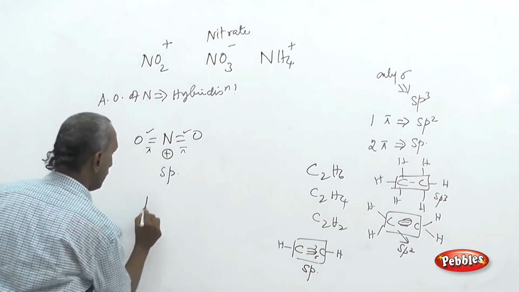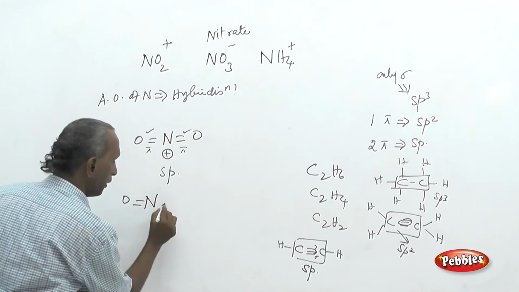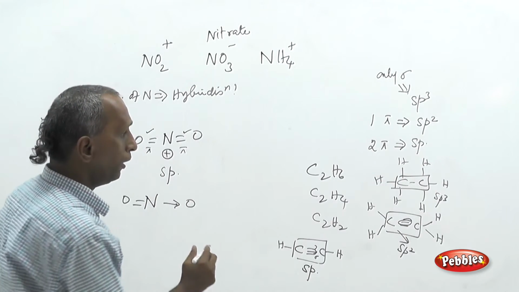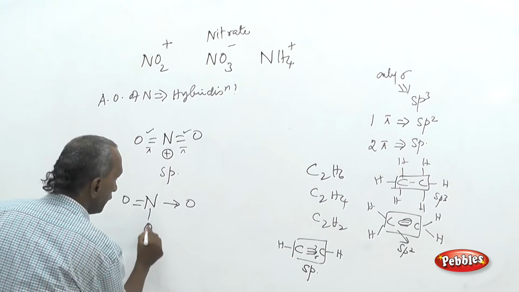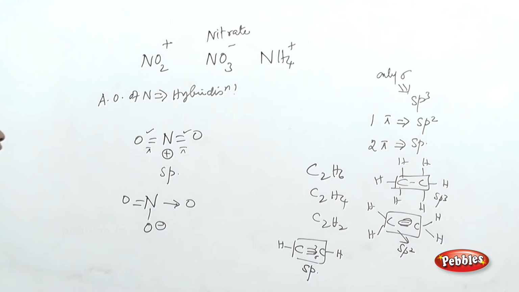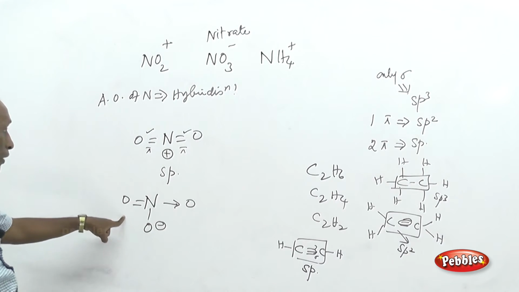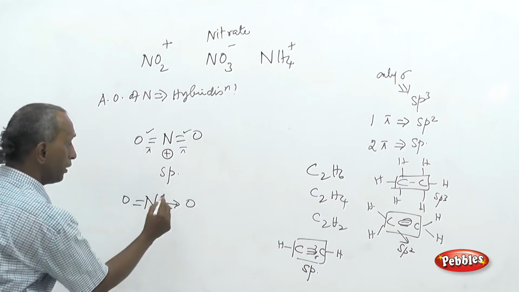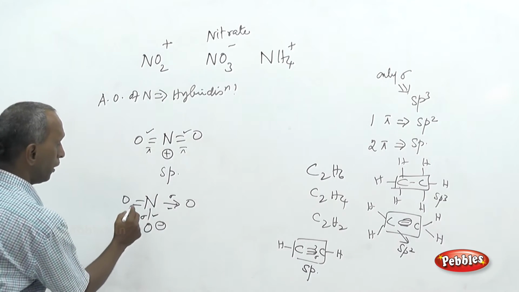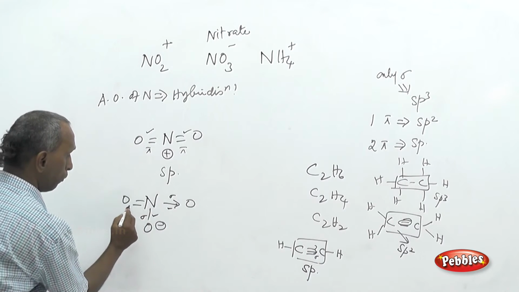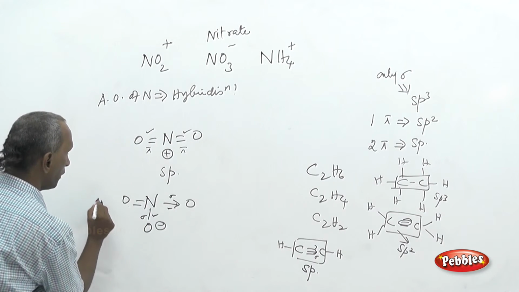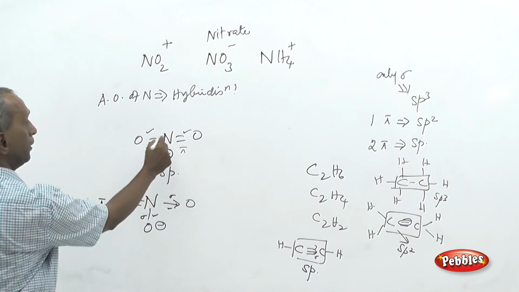The nitrate structure will be in this form: one double bond, one coordinate bond, and one oxygen anion linkage, covalent bond. Here if we analyze, single bond means only sigma bond. Here there are two bonds, one sigma and one pi bond. So this nitrate anion contains one pi bond.